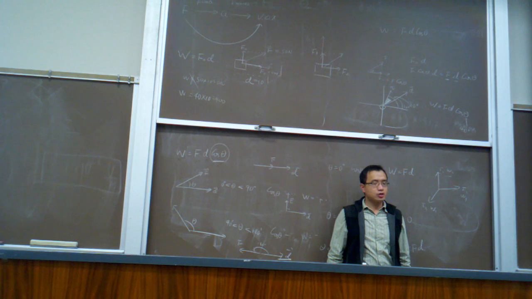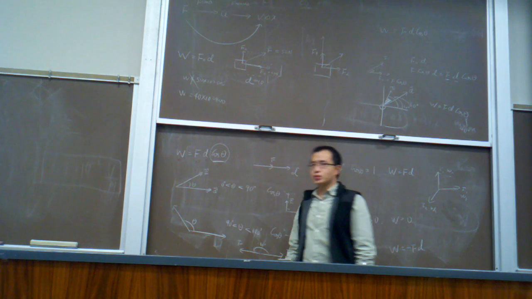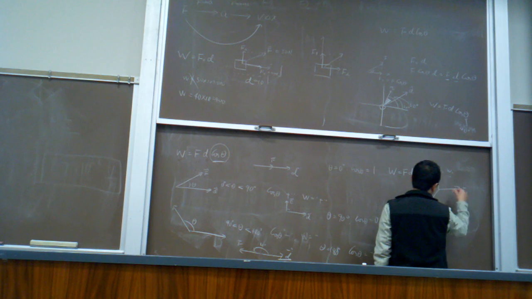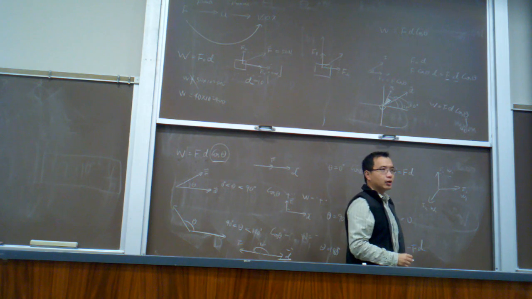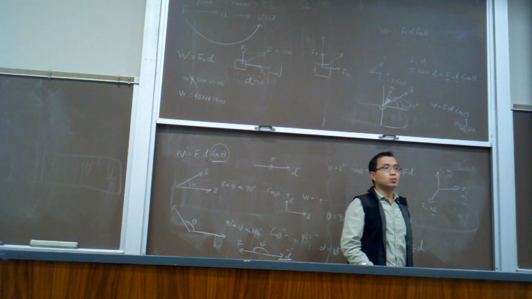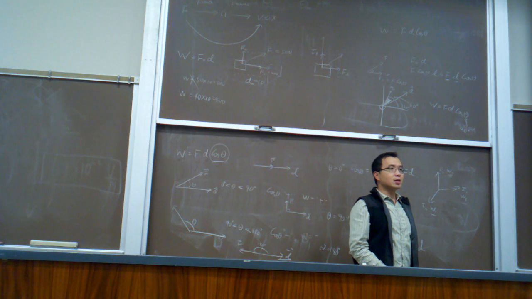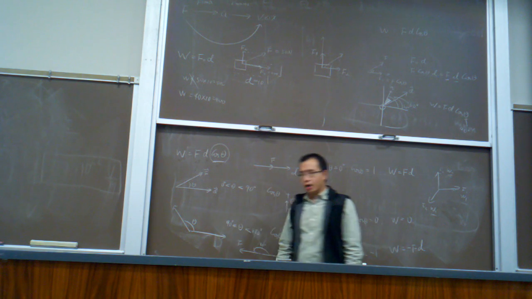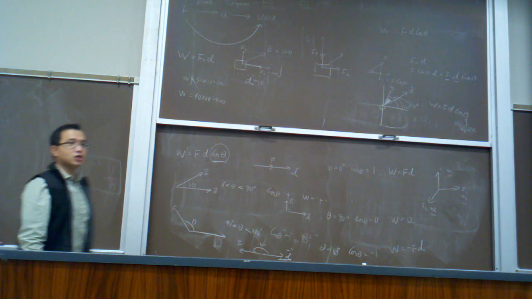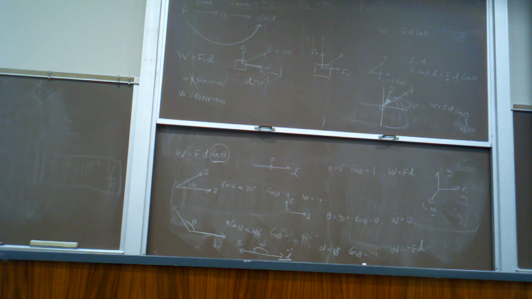So two different ways to do the same thing. And usually this one is easier, because when you add W1, W2, W3, work is a scalar, so adding them is simply 1 plus 1 equals 2. It's much easier than vector addition if you want to add the forces together to find the net force.